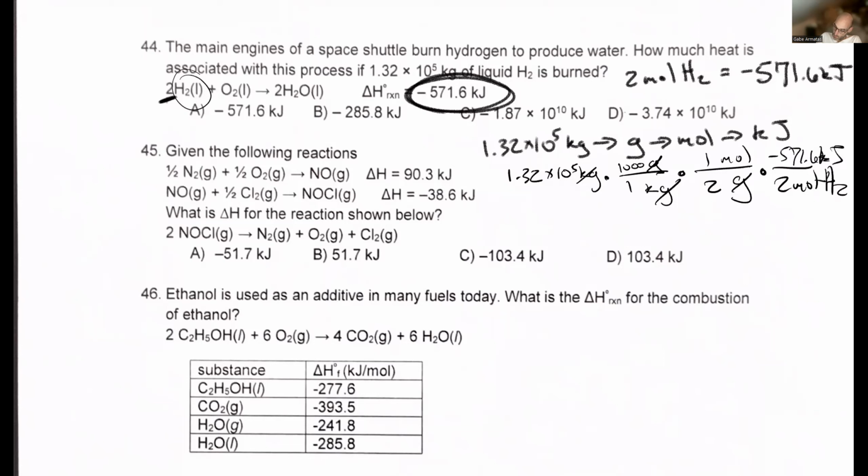Okay, so moles cancels, we're left with energy. Okay, so it's a ton of energy, should be a ton of energy. It's a rocket ship for that matter. So the answer you should get is C. A lot of energy. That's what you get. All right, moving on.